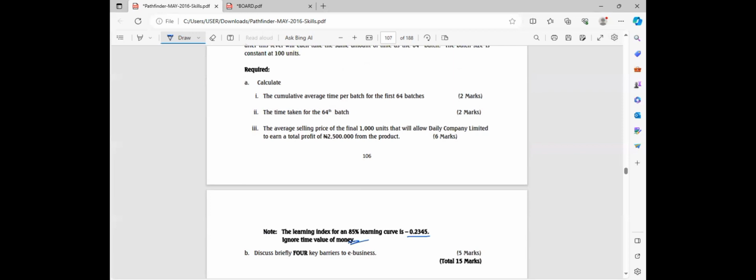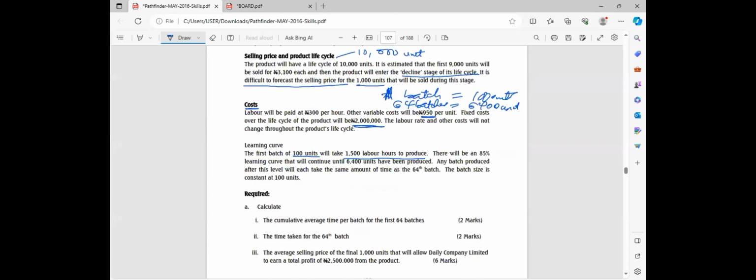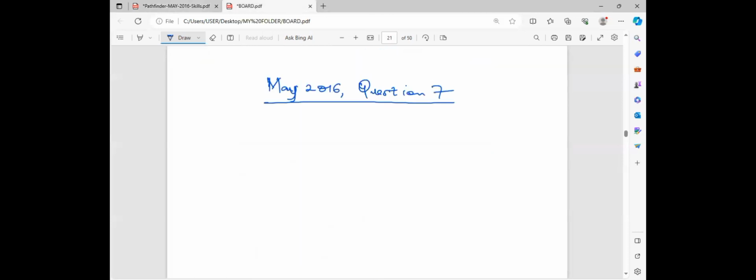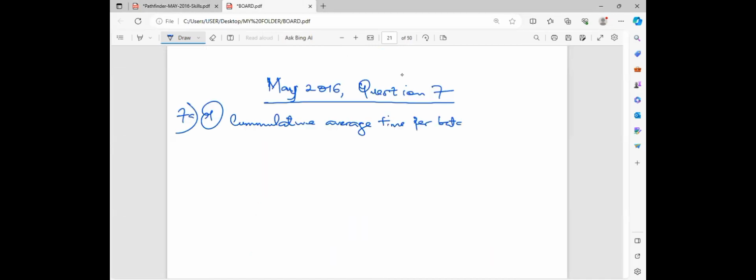So that's where we stop. Question 7. The first one, which is A: the cumulative average time per batch for the first 64 batches.